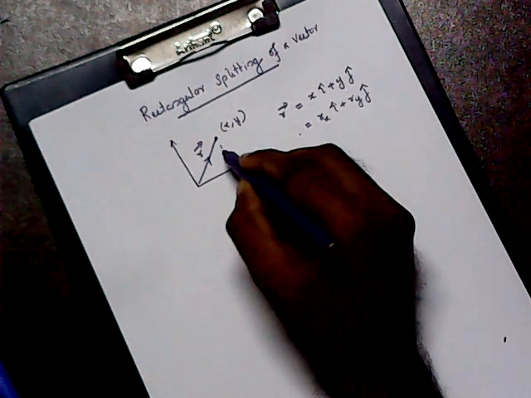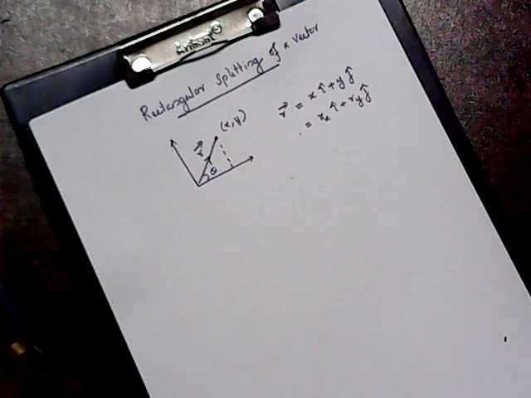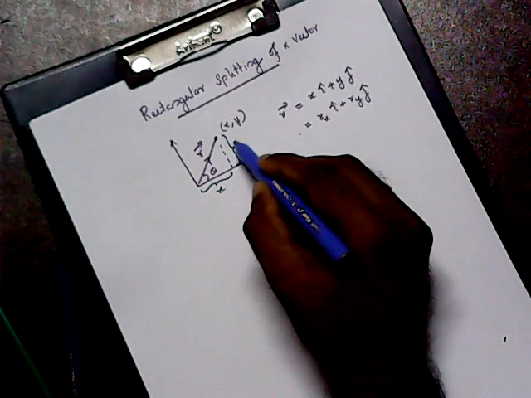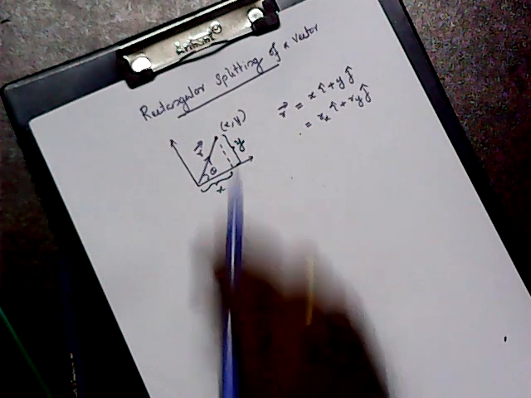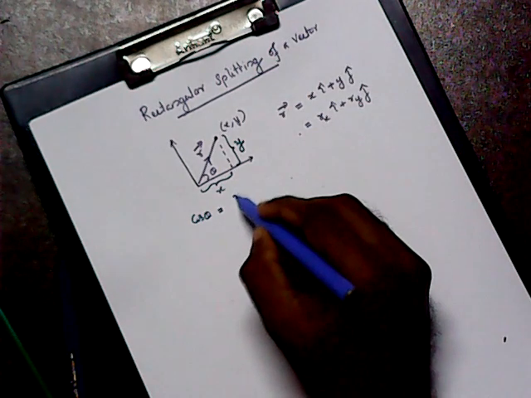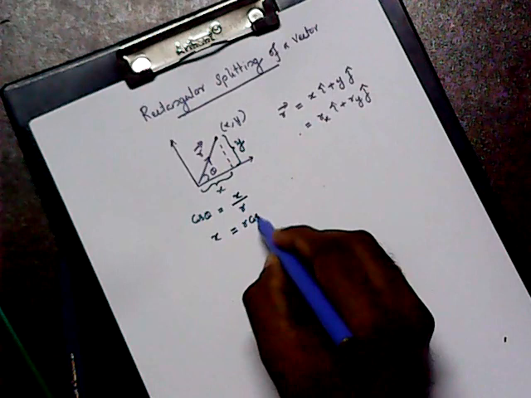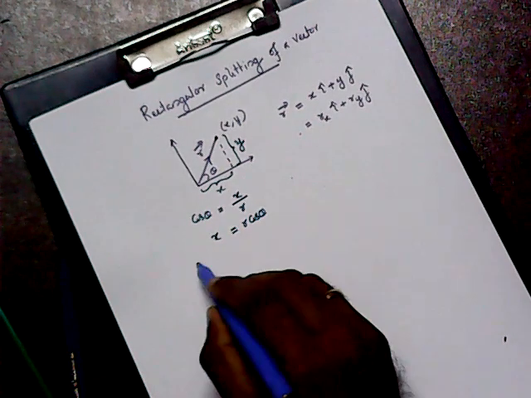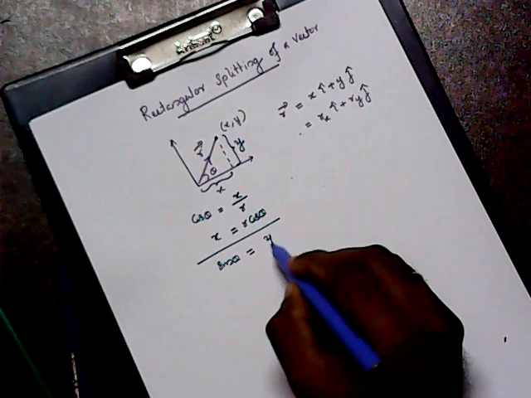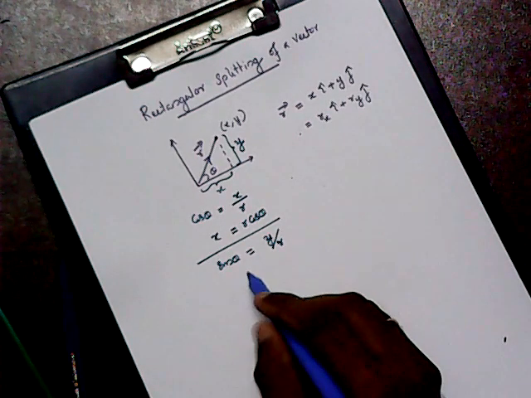Suppose that R makes an angle theta with respect to x, and we should analyze one thing. What is this one? That is x. What is this one? That is y. If we just take the cosine of the angle theta, it is nothing but equal to the adjacent side divided by r. That is x, so x equals r cos theta. And similarly, if we take the value of sine theta, that is y divided by r, opposite side by hypotenuse.